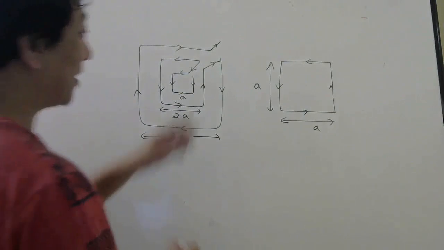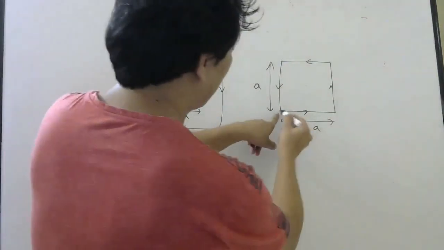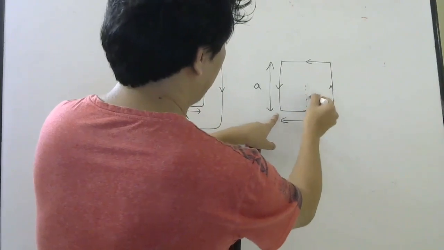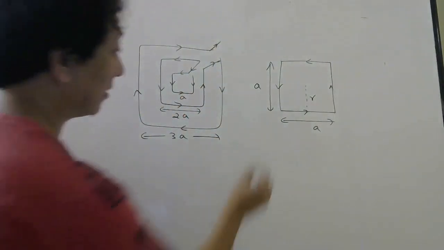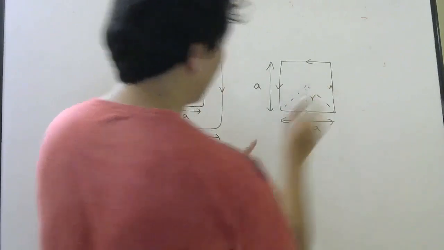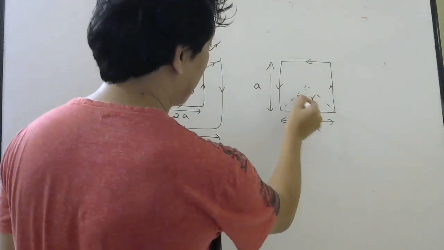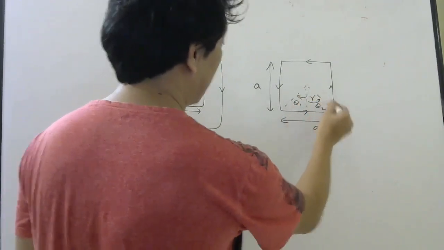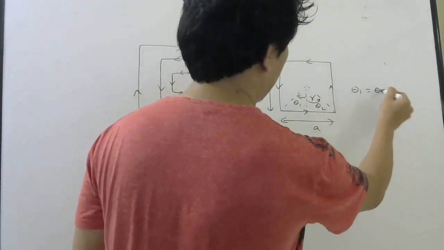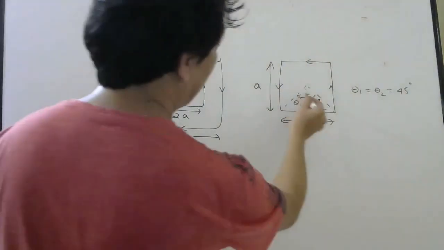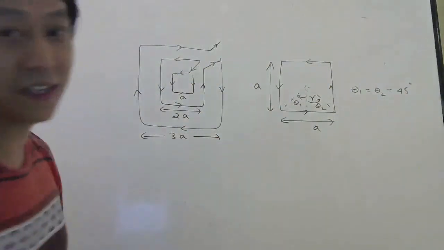Now let us calculate magnetic field due to this part. You know what to do. First draw this perpendicular distance R. Then from the two ends draw this one. This angle is theta 1. This angle is theta 2. And here you can see both of them are 45 degrees. Why 45 degrees? Because this is 90 and this is bisecting 90 degrees.